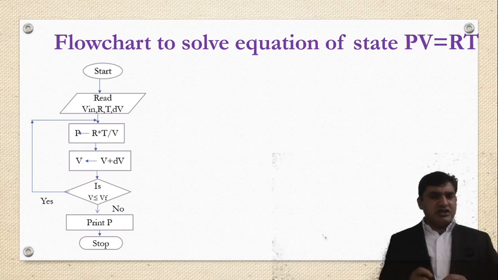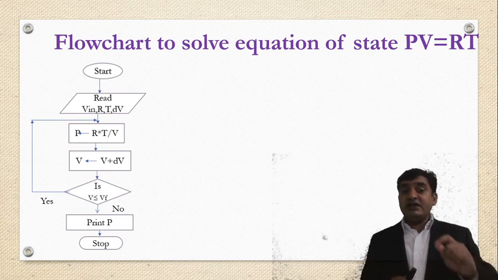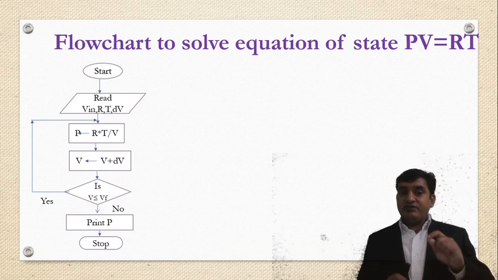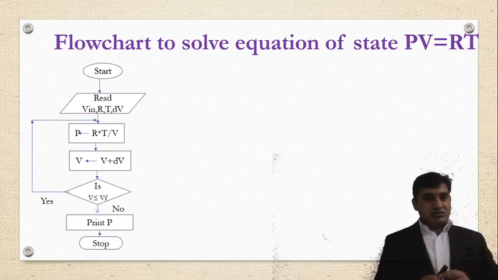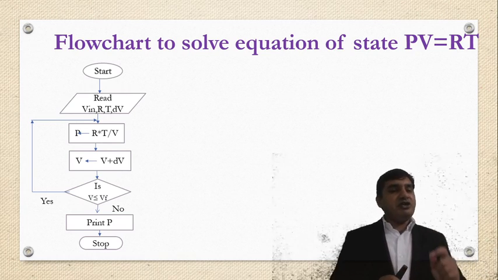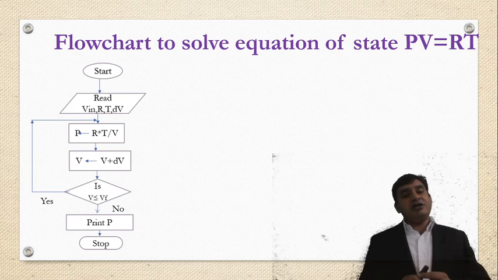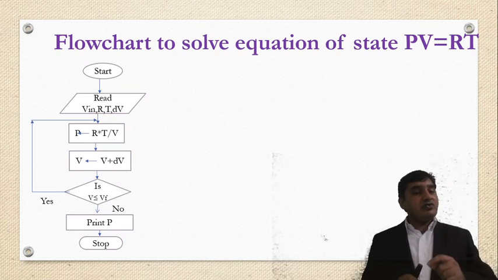Now we have to check the condition. Is V less than or equal to Vf, that is final volume? If yes, again find pressure by using formula P is equal to RT divided by V. Again V is incremented by dV. Again check the condition: is V less than or equal to Vf?